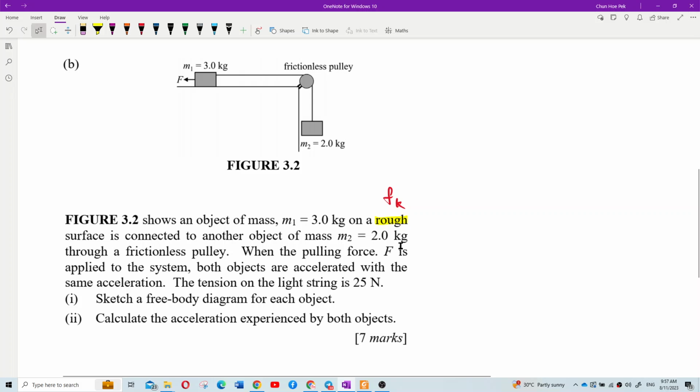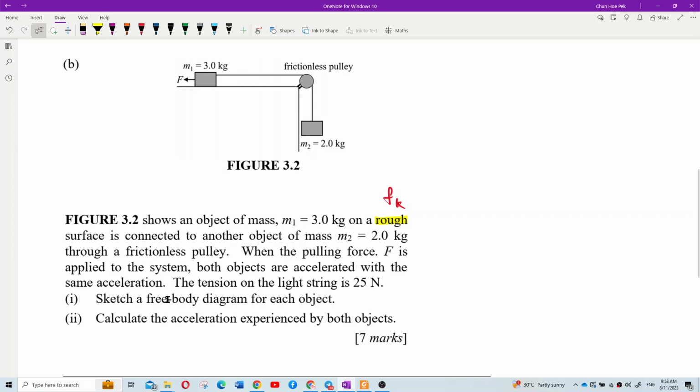Now, when a pulling force F is applied to the system, both objects accelerate with the same acceleration. The tension in the string is 25 Newton.